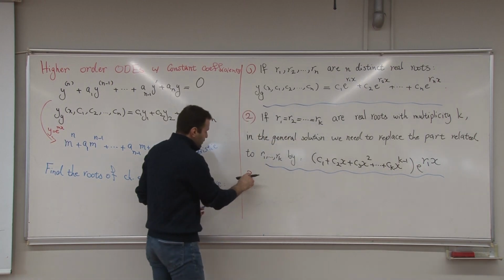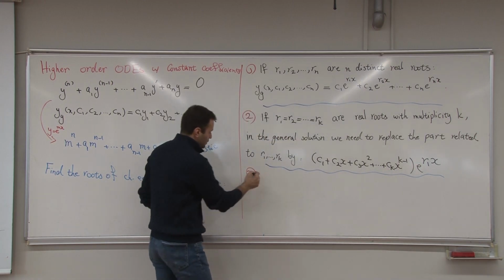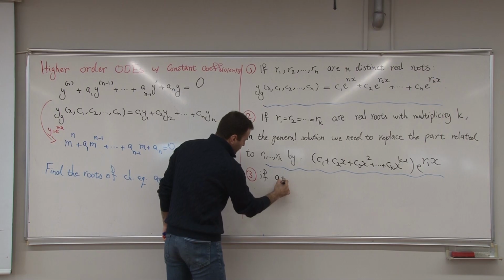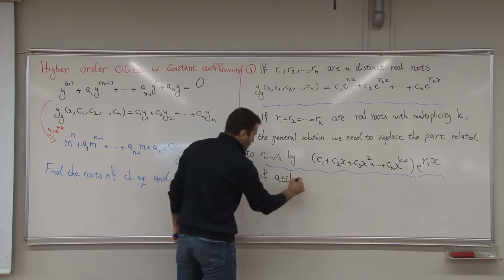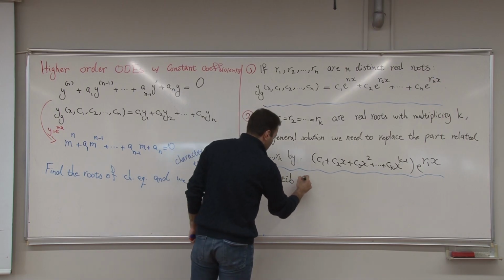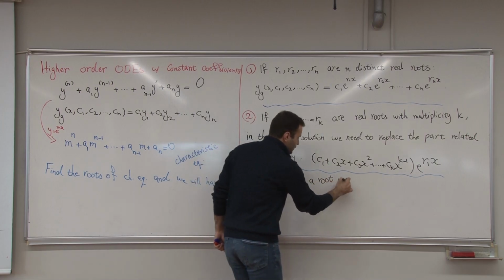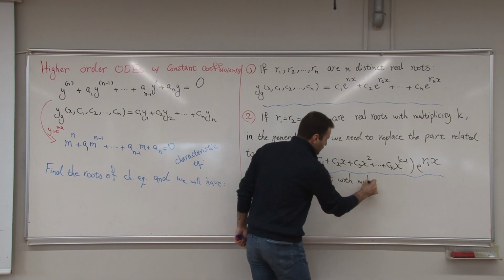What happens if a plus minus ib is a root with multiplicity k?